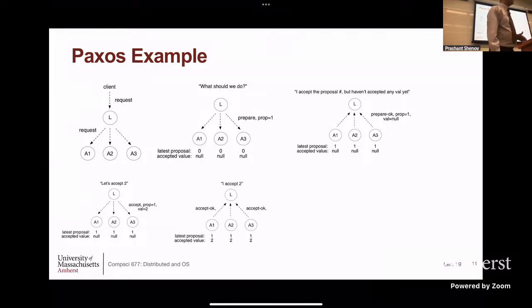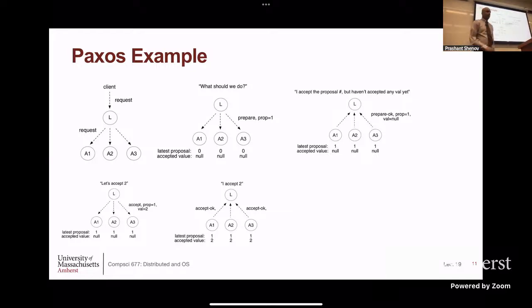They will take the proposal number 1, and they will all say, okay, I agree to 2. Because as I said, when machines are up, they function correctly. So if the RPC at the leader returned 2, all of them should have gotten that same value, because we are assuming correct execution. So they should all agree to 2. They will say accepted value is 2, and they'll just send an accept saying I agree.